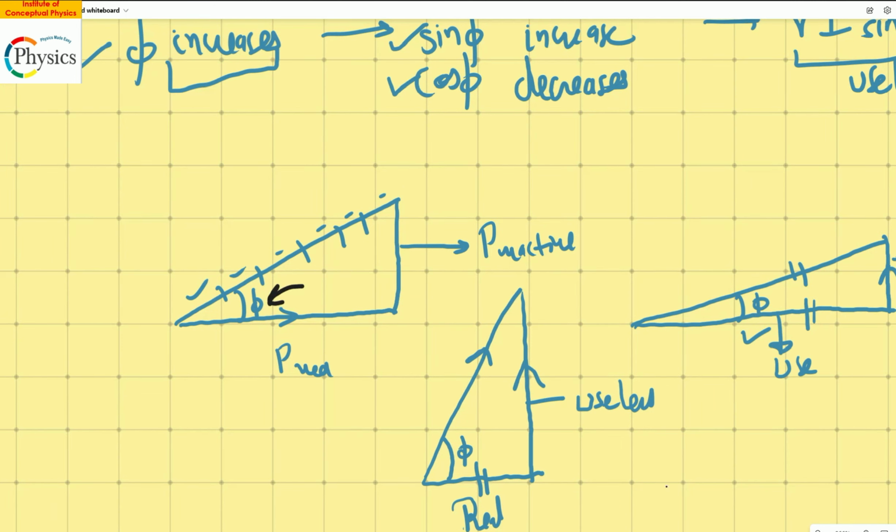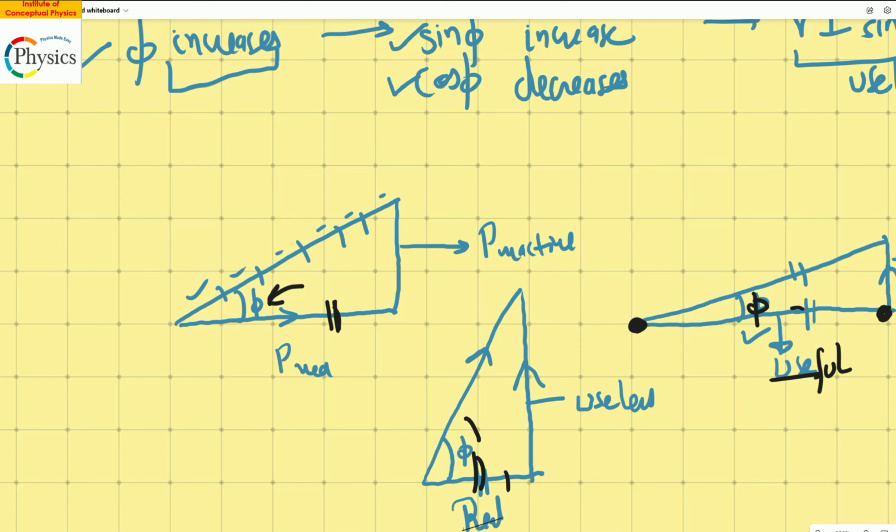This angle actually controls the size of the base, right? Higher the angle, smaller the base, lower is the real power. The angle has gone down, and if you see the angle has gone down, the useful power has gone up. This base has become very large.